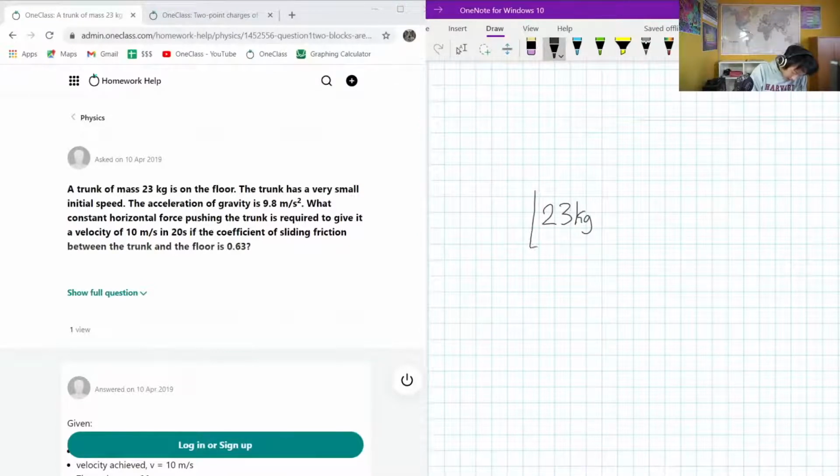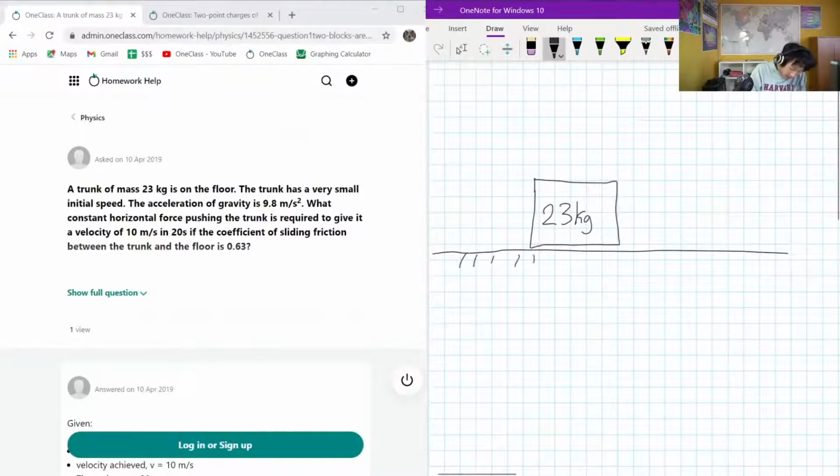Let's draw it as a box. And we are on a fairly smooth ground where the coefficient of kinetic friction, which is when it's in motion, is 0.63.